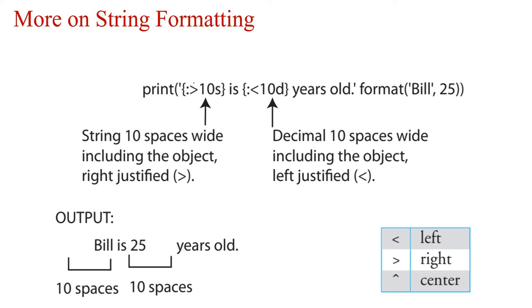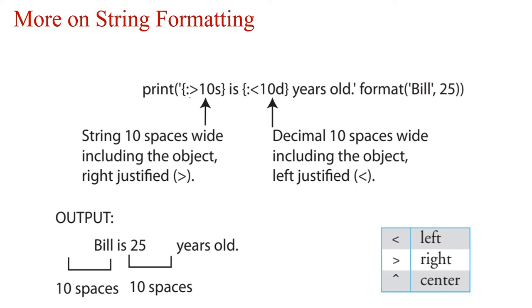This is the terminology: when you have a less than sign, it means the text is going to be left justified. If you have a greater than sign, that means it's right justified, right? And this caret sign means that it's center justified, so it's in the center. So this is right justified. This is going to be left justified, right?